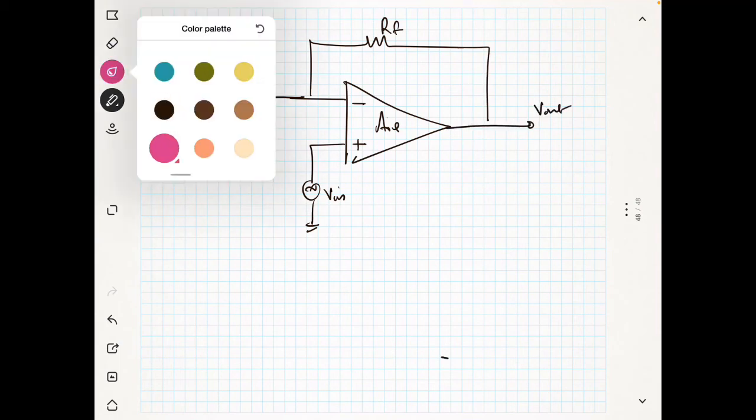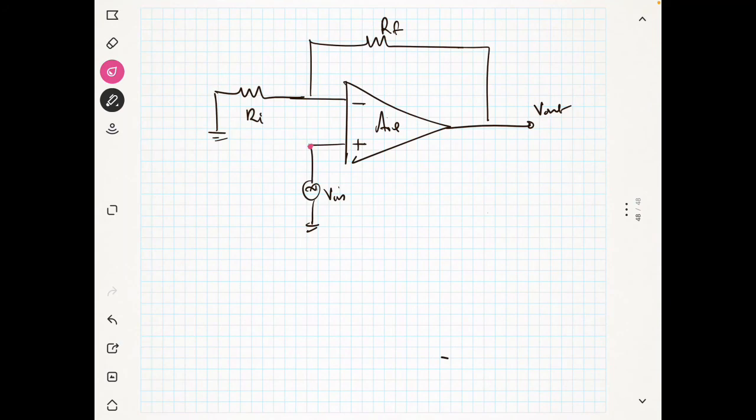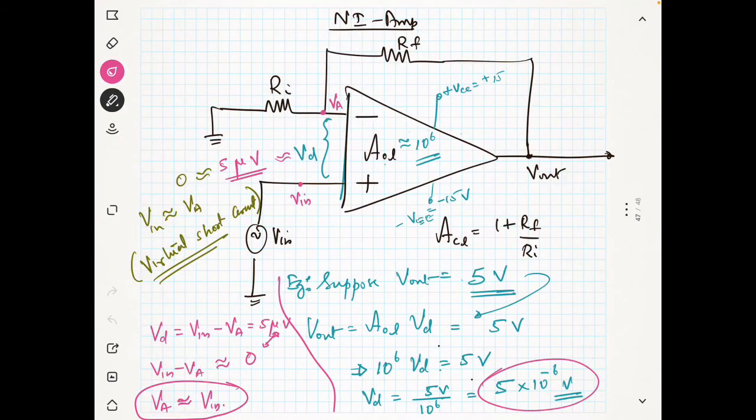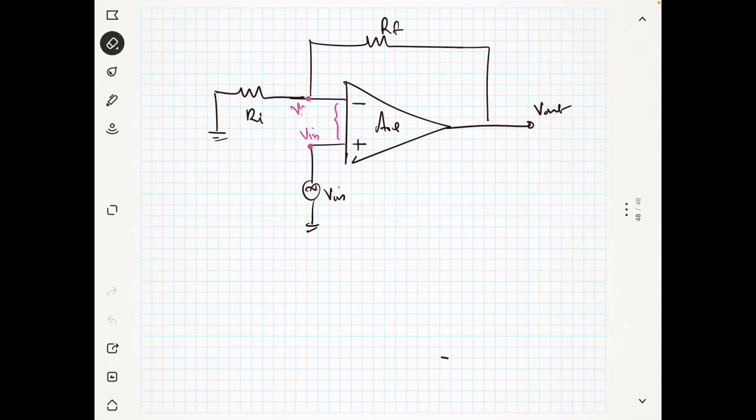Let's say this voltage is the same as V in, and this voltage is the feedback voltage. You can call it VA, as I used in the previous part, or VF, it's the same thing. I am using the notation VA now.